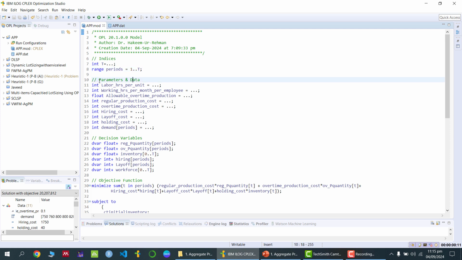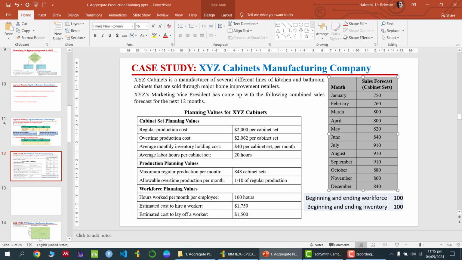Then we need to mention the parameters and data. The first piece of information is the labor hours per unit. We are mentioning how many labor hours are needed to produce one cabinet, which is 20.